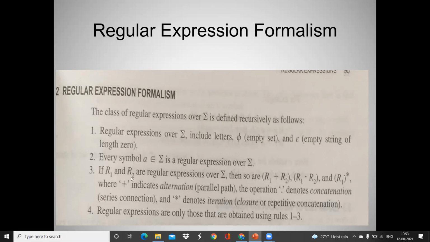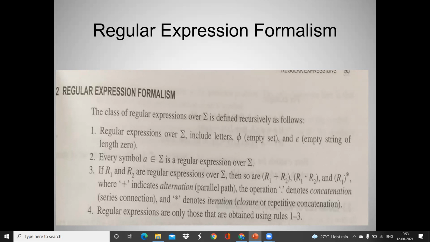So if R1 and R2 are regular expressions, then R1 plus R2, R1 dot R2, and R1 asterisk will also be regular expressions. Here plus is basically used for a parallel path. Usually this is like ORing, or like two parallel paths, like if else. When it is a dot, it is used for concatenation.